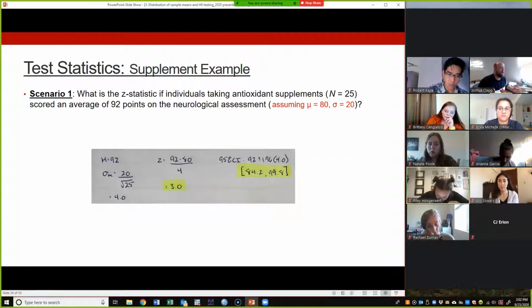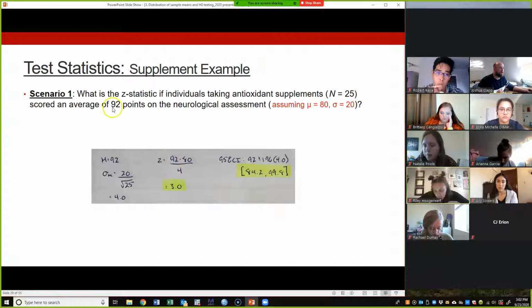Okay. So if I go through and then calculate my z-score, I've got 92, my observed value of my sample, minus 80, my assumed value under the null, divided by my standard error of 4. I get a test statistic of 3. Okay, so I have a z-score of 3.